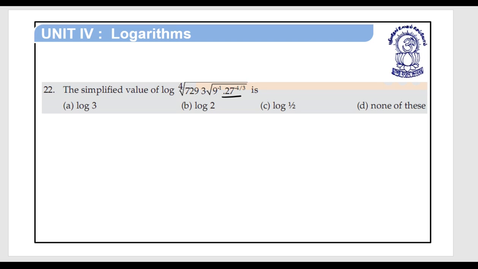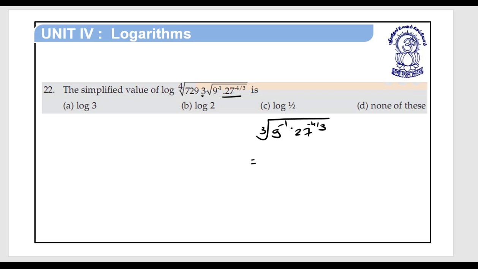First we have to simplify 729, and here first find out the cube root of 9 raised to minus 1 into 27 raised to minus 4 by 3.